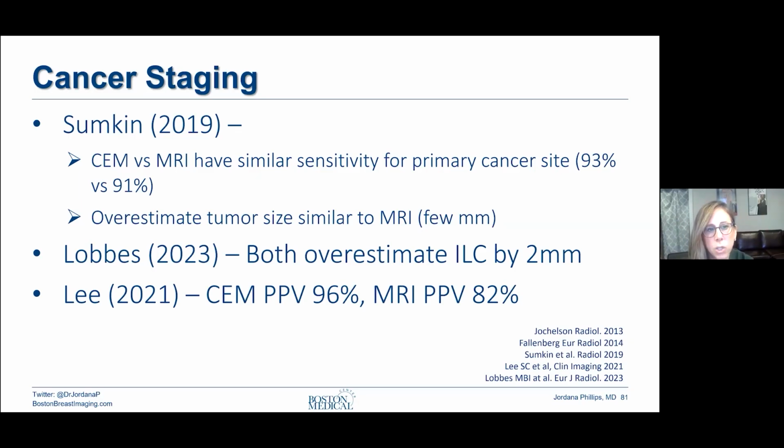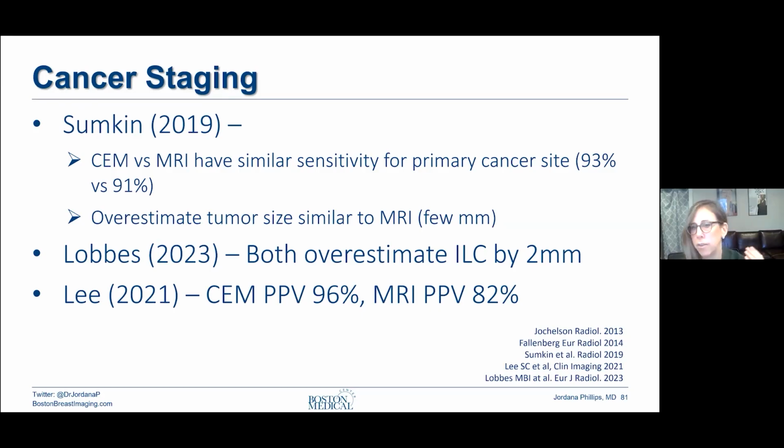And then Lee and colleagues in 2021, I'm providing information not on how well they found the cancer, but on the positive predictive value, which is really how well, when you see something on contrast mammo or MRI, is it likely to be cancer? You'll see that the positive predictive value is much higher for CEM over MRI.